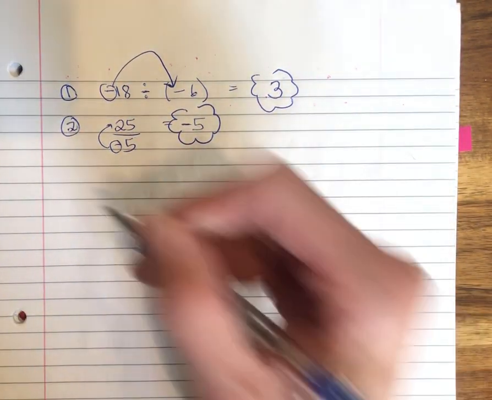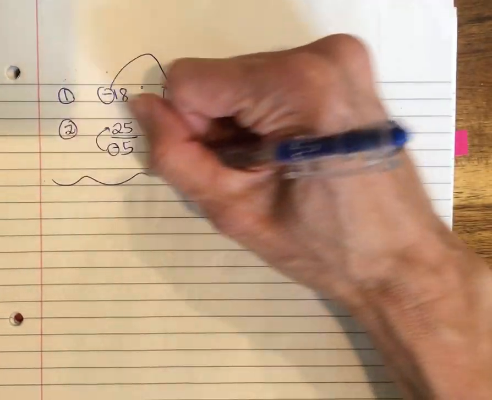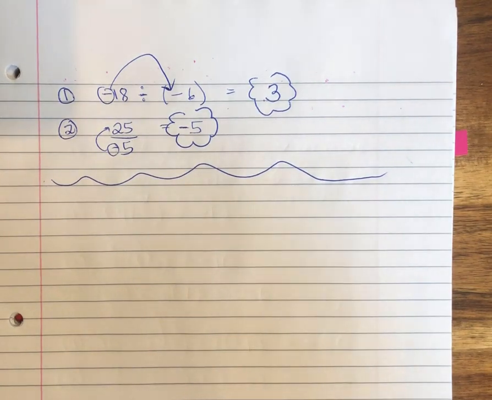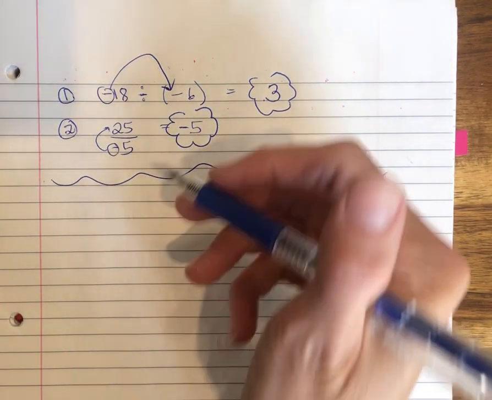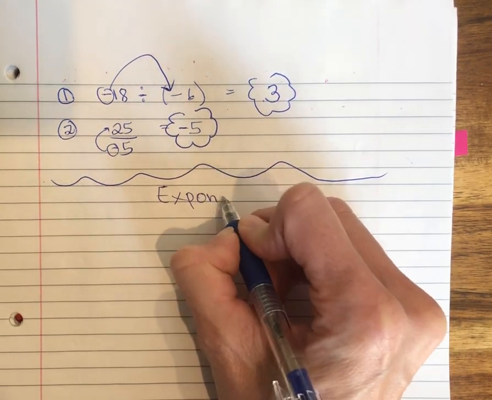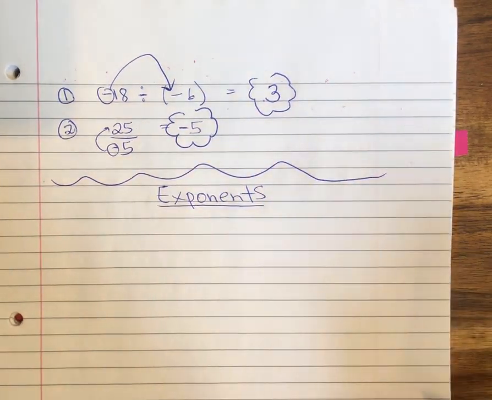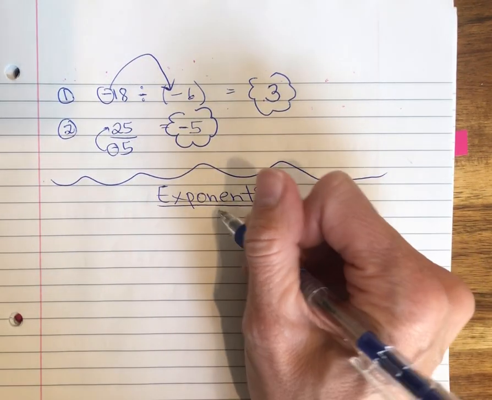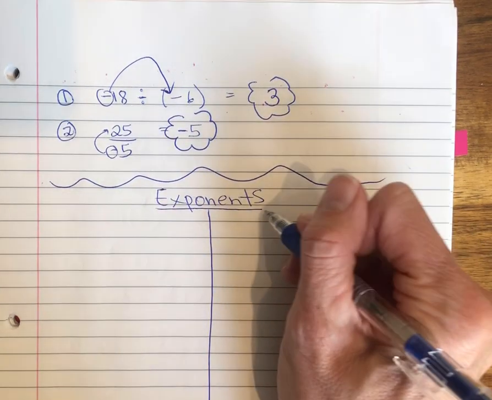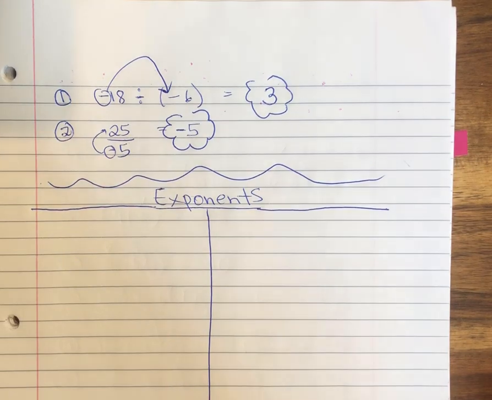Okay, so that's the basics of the lesson. But it does get a little bit trickier when we throw in things like exponents. So let's set up a section called exponents. And we can see how negatives play into exponents. There's two different ways that you're going to see it, or you're going to have to manage those exponents.